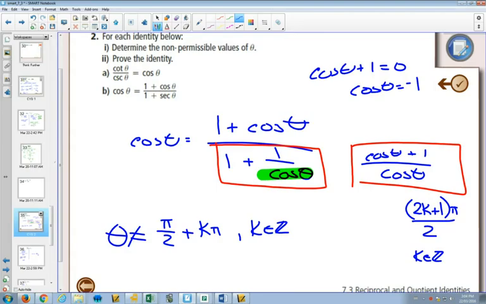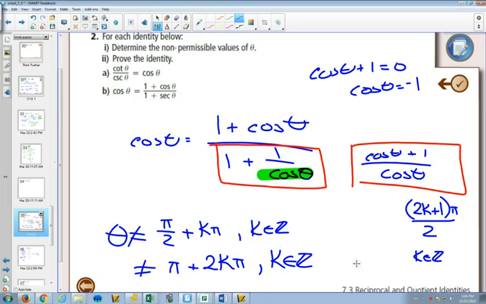When else? 5 pi. So it also can't equal pi plus 2k pi, where k is an integer. Nice.